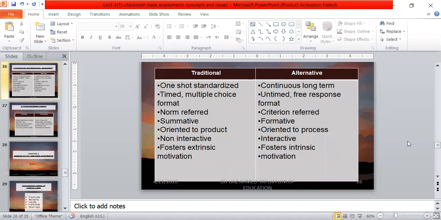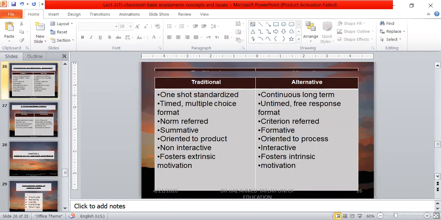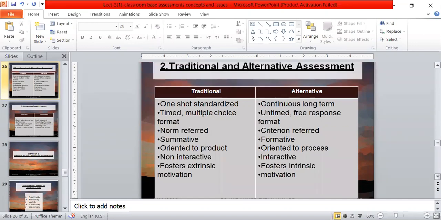How we can imagine or know about how it is done. There are some different styles of assessment. One is the traditional style and second is the alternative style.